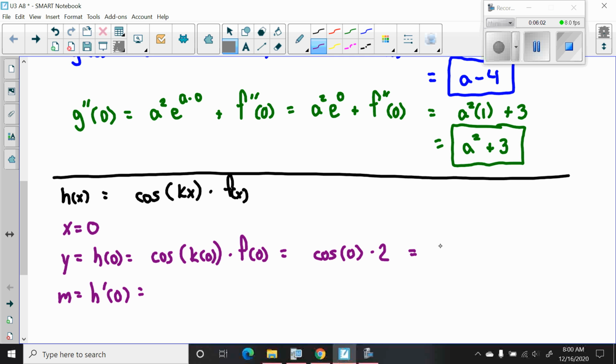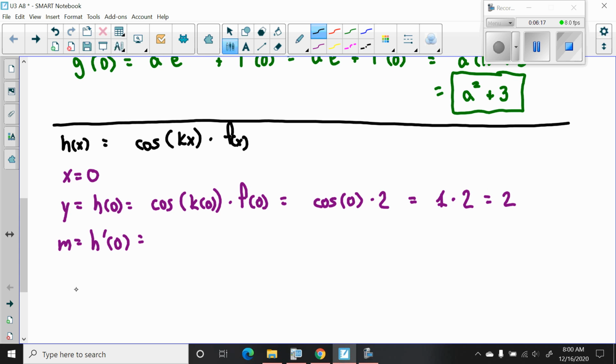Cosine of 0 is the x value at 0, which is 1, times 2, so 2. All right, y value is 2. Now the derivative. Looks like a product rule to me with a chain rule built in.